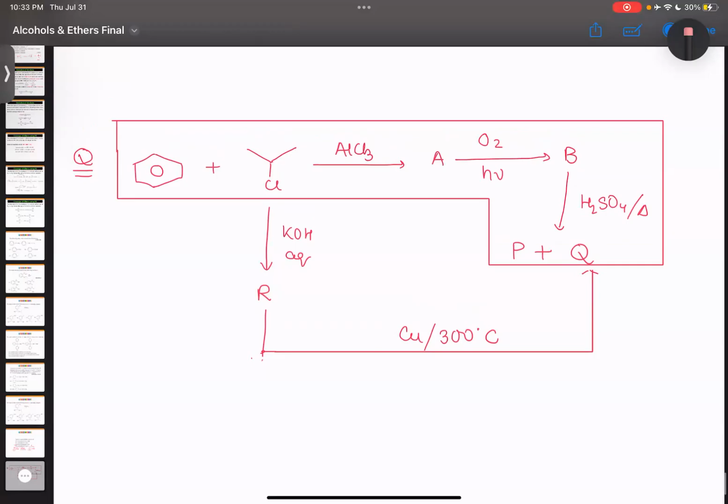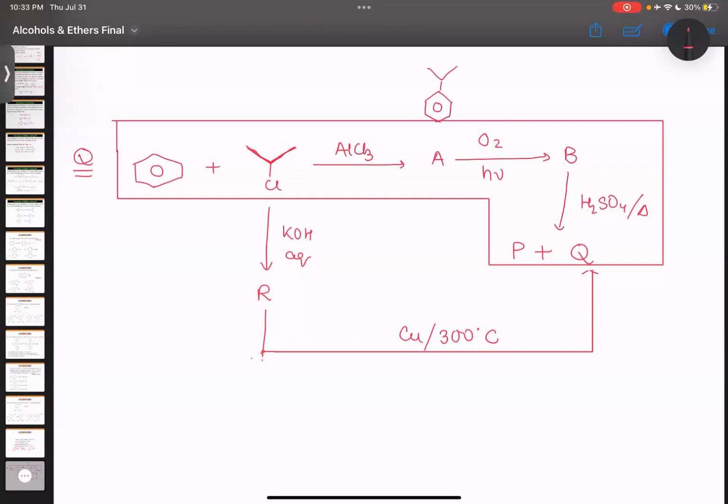So what will get attached to benzene? Not just CH3, the whole alkyl group. You have taken isopropyl, so the whole isopropyl group will get attached. So this is isopropyl benzene, and there is a common name to it.